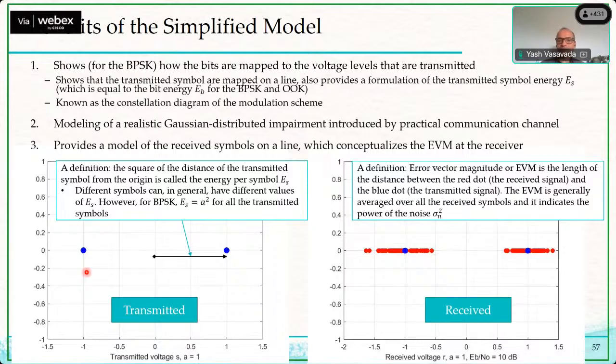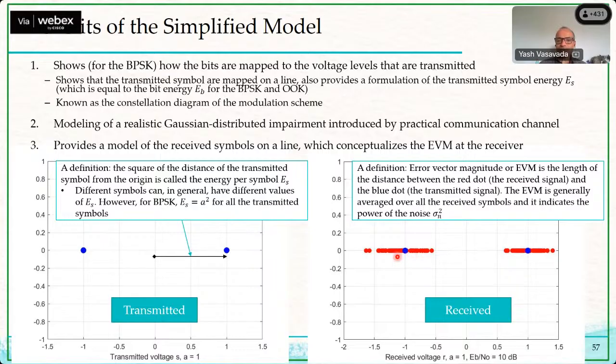And then at the receiver, we have seen that because of the additive noise, the received symbols don't remain exactly at +A and -A, but they form sort of noisy, blurred images of +A and -A.